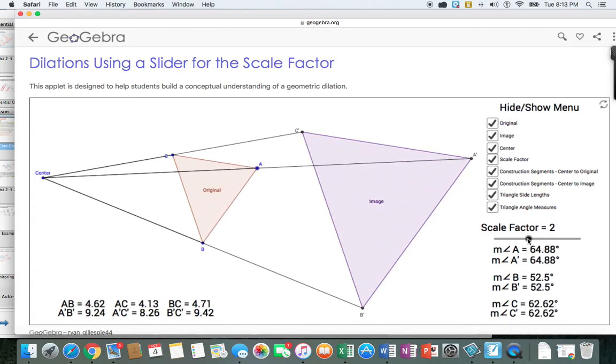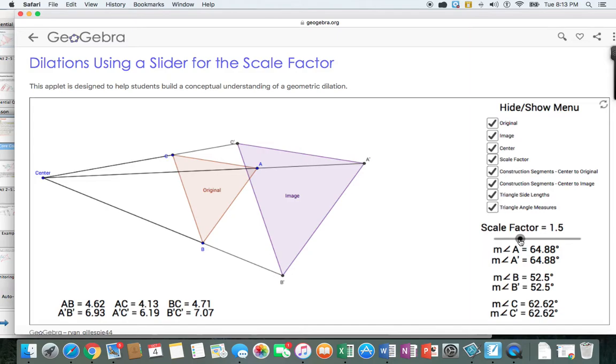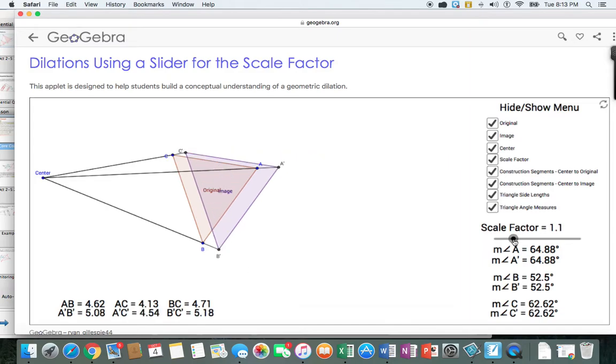Okay, now what I'd like to do is change the scale factor to 1/2. Now watch as the triangle is being brought in through these lines here, and I'm going to go to 0.5. Not quite there. All right, so now the new distance from the center to the image is going to be half as much as from the center to the pre-image.